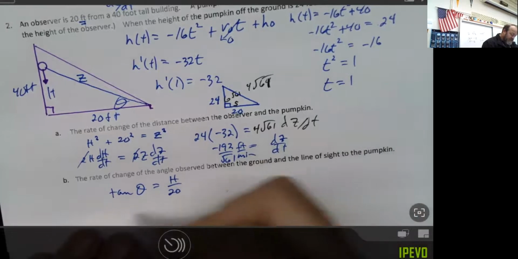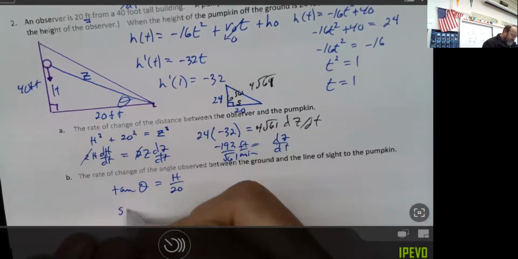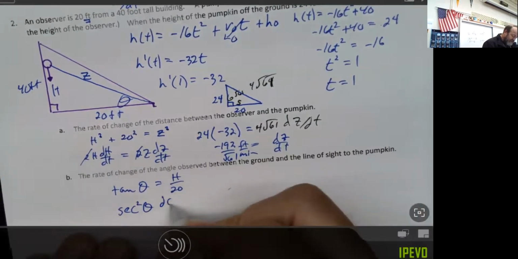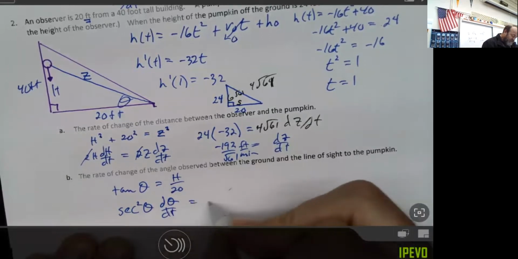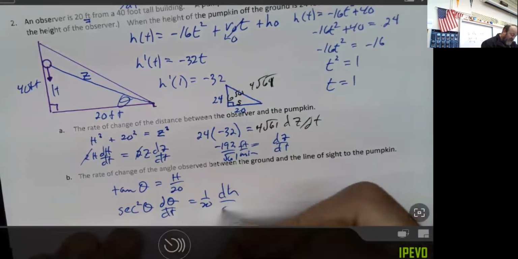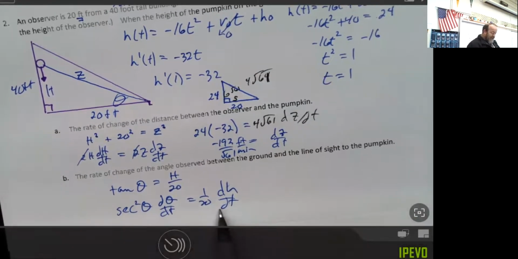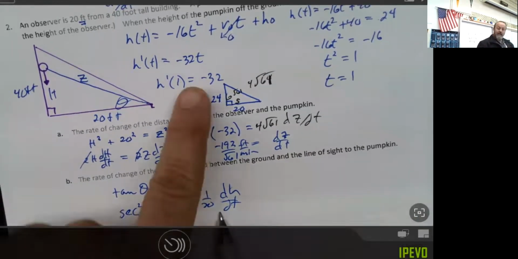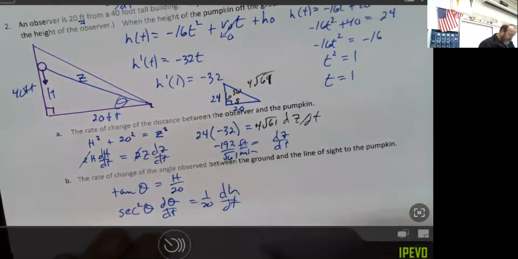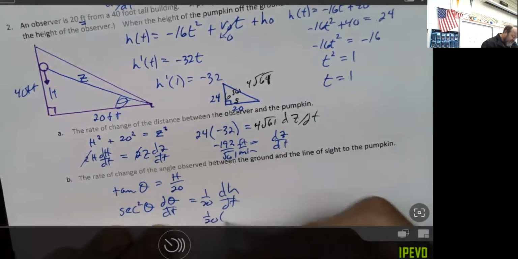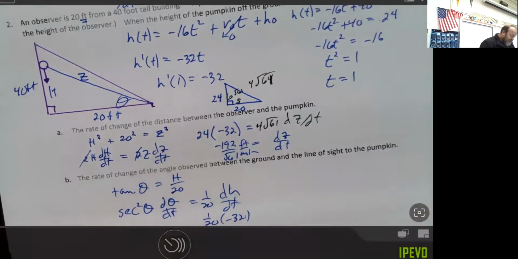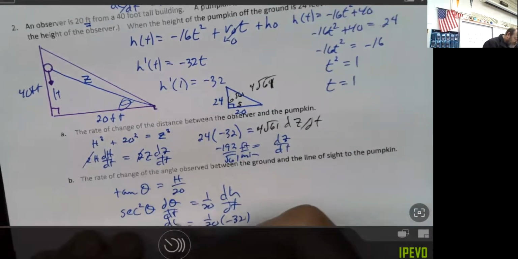So that would make the derivative secant squared theta d theta dt equals 1/20th of dh dt. But as we've already talked about, we found dh dt at that moment was exactly negative 32. So we already have this as negative 32 d theta dt.